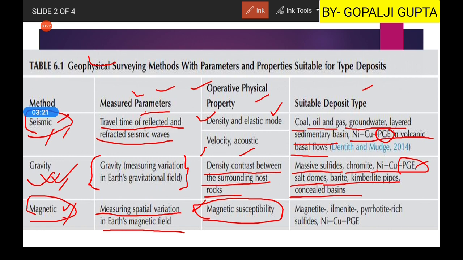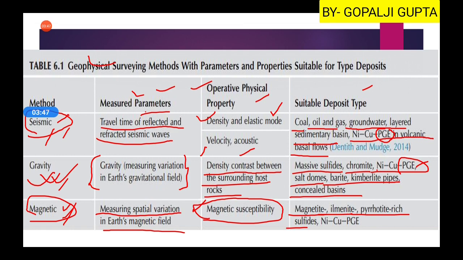By using this magnetic survey we can find magnetite deposits, ilmenite deposits, pyrrhotite-rich sulfides, or nickel, copper, platinum group of elements. Now you can see that nickel, copper and platinum group of elements are common. So these can be identified on the basis of seismic, gravity or magnetic surveys.